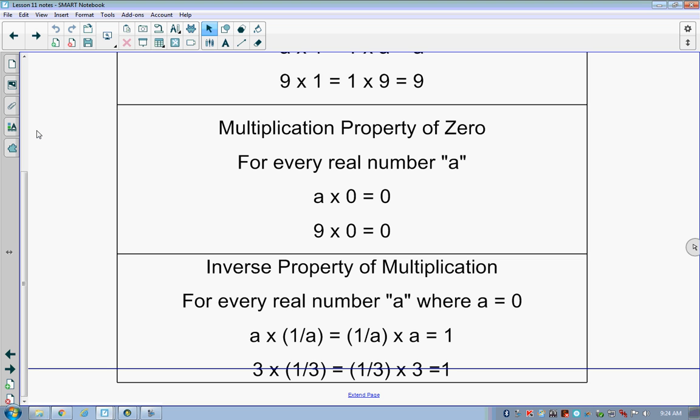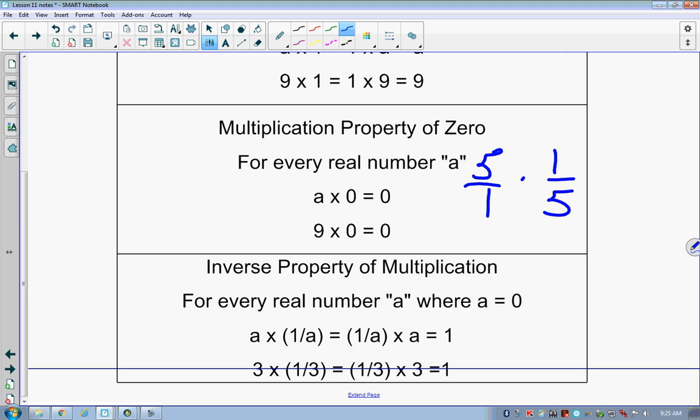1 over 5. Okay, so if we have 5 times the inverse of 5, what am I multiplying 5 by? It's 5 times what? Well, okay, let's look at it like this. 5 can be written as a fraction, right? What's the fraction of 5? 5 over 1.